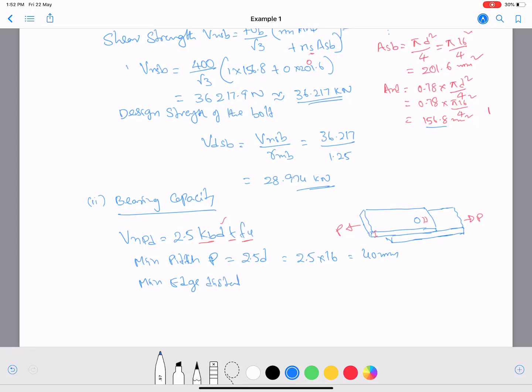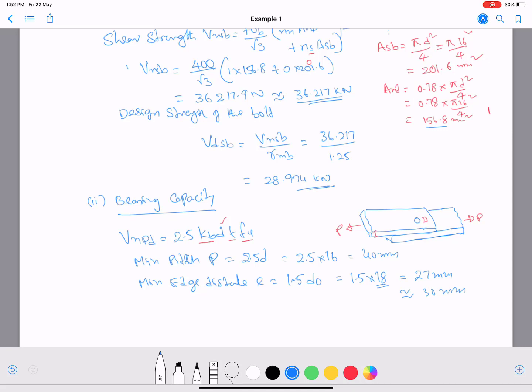Edge distance e equal to 1.5 times the bolt hole diameter, which is equal to 1.5 times 18, the bolt hole diameter, not 16, okay, which is equal to 27 mm. We cannot exactly provide 27 mm, so we can round it to 30 mm.